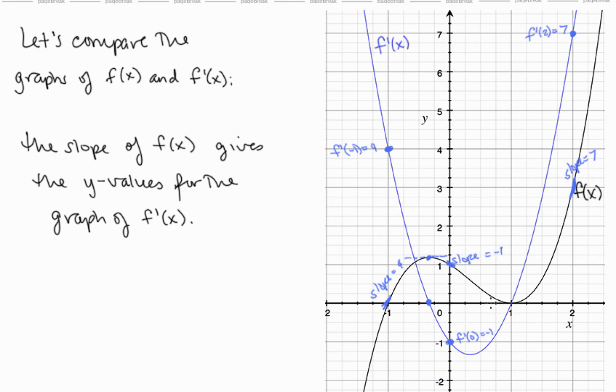Also, at x equals 1, the slope of the original function is equal to 0, and so the y value of the derivative function is equal to 0. So reading off information like this allows us to even start with a sketch of an original function and make a sketch of the derivative just by looking at the different slope values along the curve.